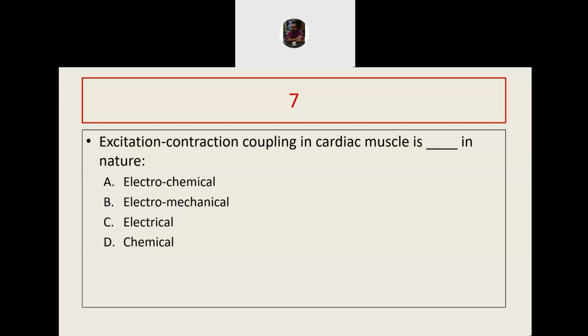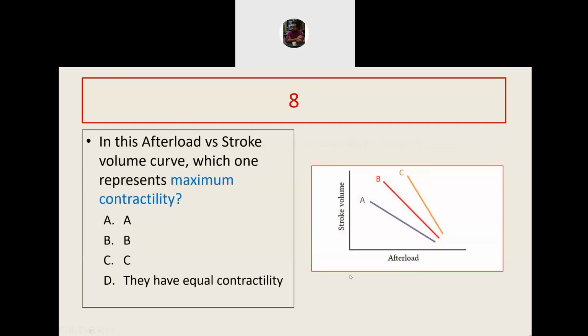Next question. Look at this graph very carefully. It is a graph of stroke volume versus afterload. In this graph, there are 3 curves, A, B, and C. Which curve shows maximum contractility?